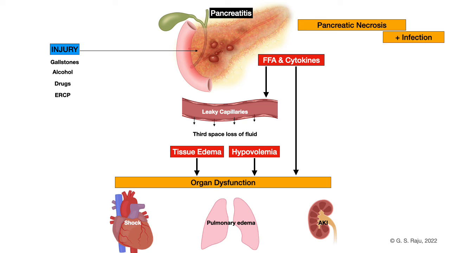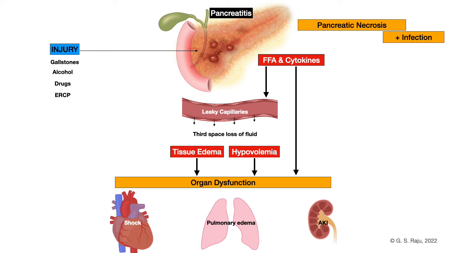So, we have learned about the etiology of pancreatitis. The pancreas protects itself from autodigestion because the enzymes are packaged in an inactive form. But if they get activated inside the pancreas, it starts the process of pancreatitis. The initial stage is interstitial pancreatitis that can be identified on the CT scan.